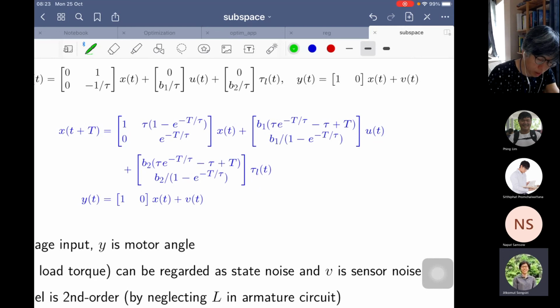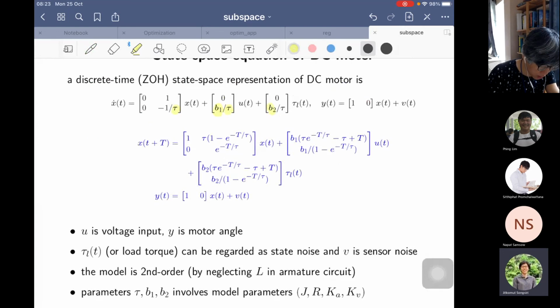And I forgot to mention that all the terms you see here, tau, B1 and B2, contain system parameters like resistance in the armature circuit, torque constant Ka, and this is the back EMF constant Kv. If you can recall the concept of DC motor.